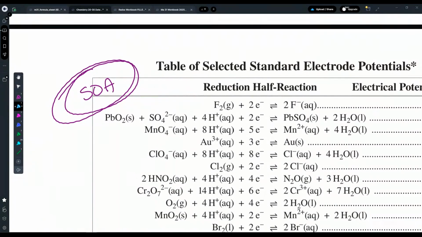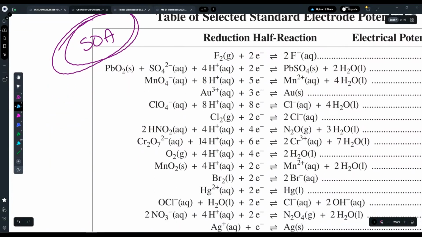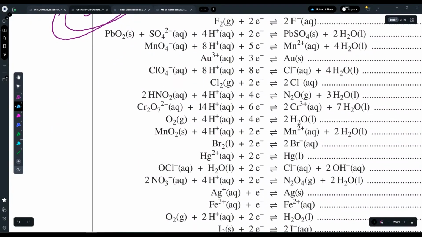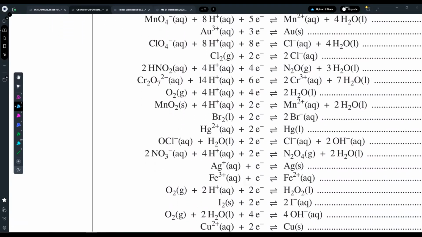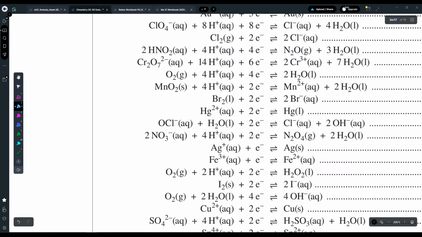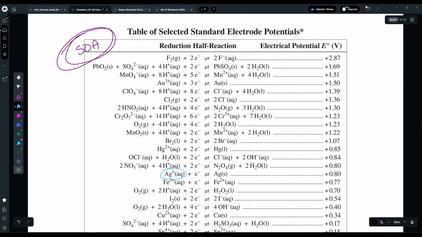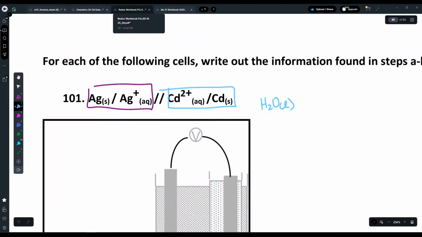Given that we have silver 1+, water, cadmium 2+ ions, and cadmium solid. So looks like we've got silver here, and that is our first substance that we run into on the left-hand side. So silver 1+, that is our SOA. So that's going to be the reaction that happens at our cathode.